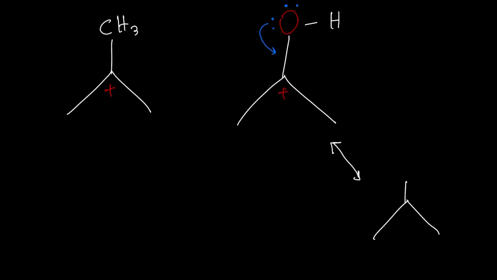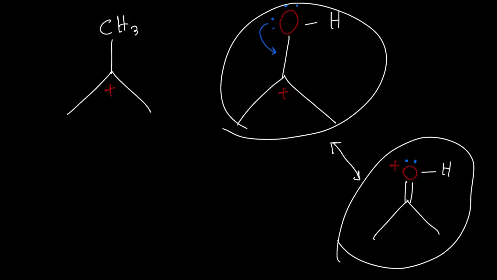So the structure that you end up getting would be that these electrons form this extra bond here. The oxygen is going to lose a lone pair. Because the oxygen lost a lone pair, now it's going to be positively charged. Previously it had 2 lone pairs, now it has 1. The carbon is no longer positive. The oxygen now bears the positive charge. Because of this resonance structure, this right here is going to be more stable than this.